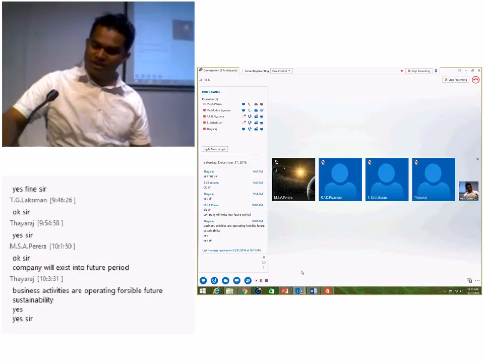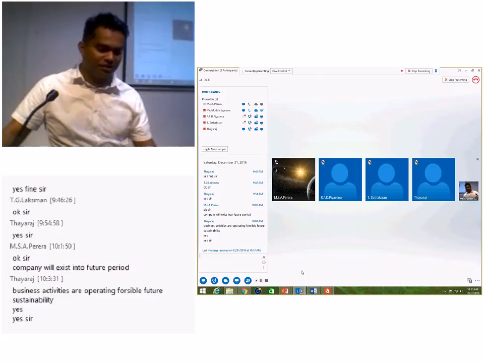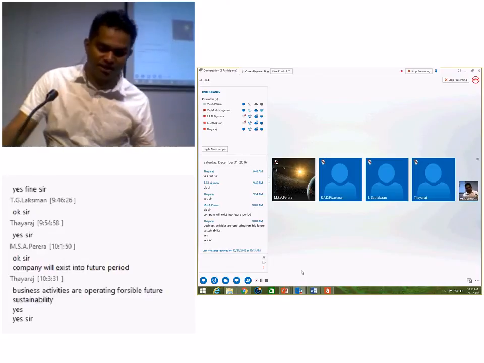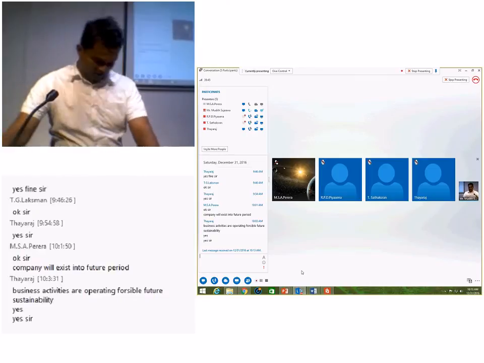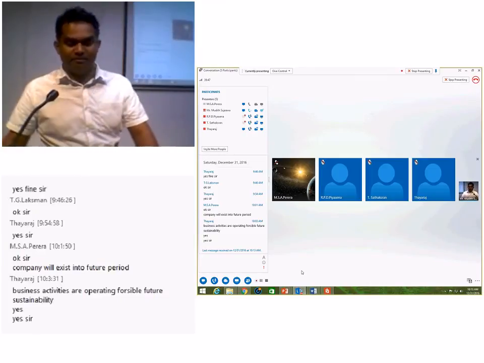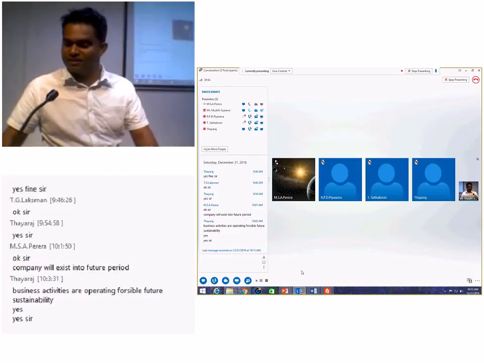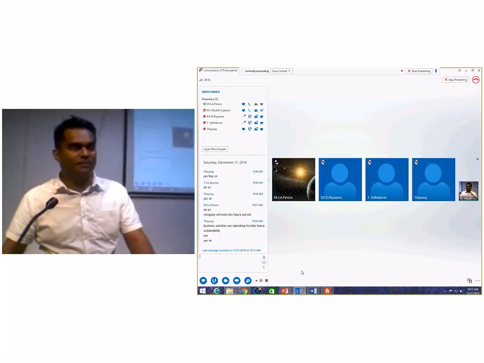Now this assumption will be made by the management. They will make the assumption that we have a going concern. By keeping that assumption in mind, we will prepare the financial statements. So that is the assessment or assumption made by the management. What's the role of the auditor in case of going concern?